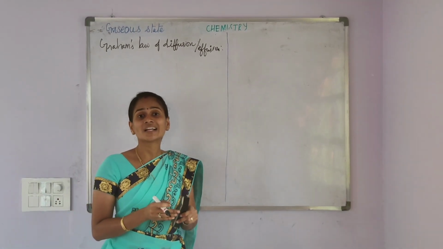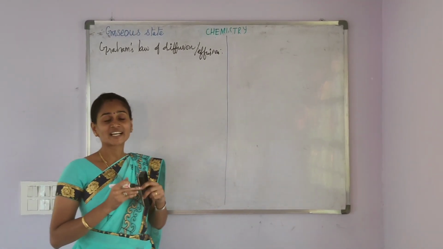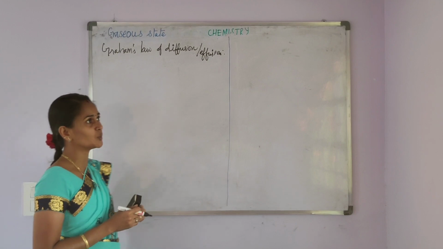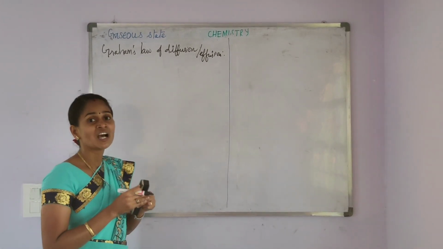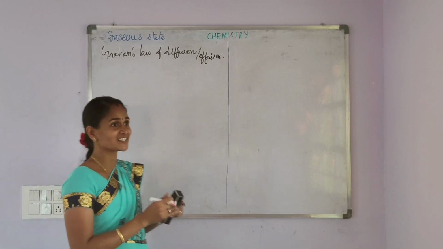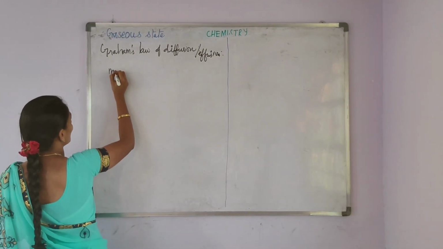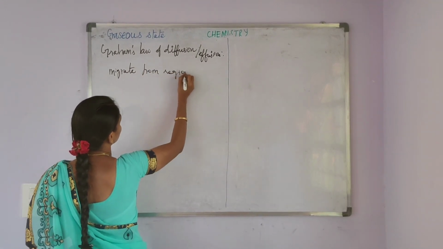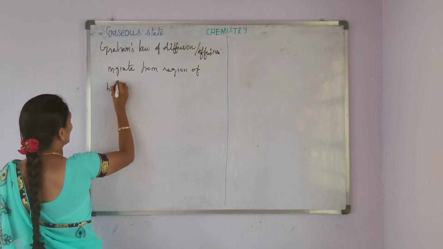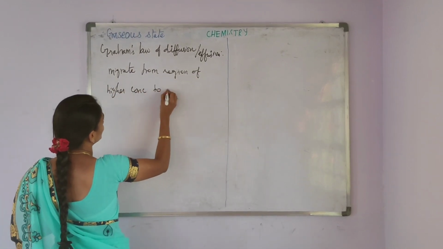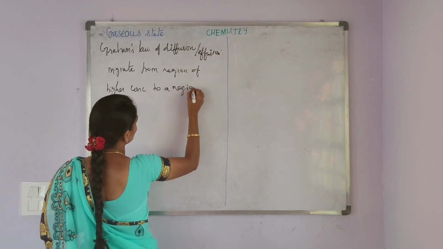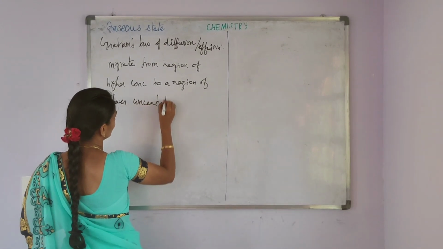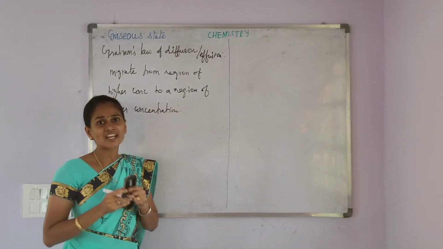If two non-reacting gases are mixed, the gas molecules migrate, that is, move from a region of higher concentration to a region of lower concentration.